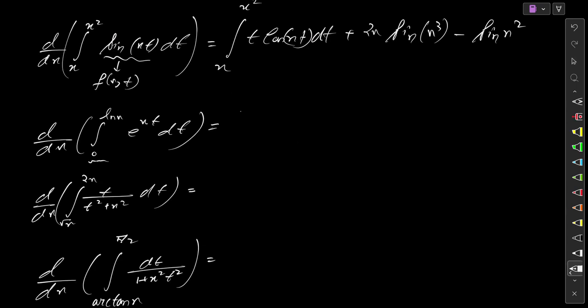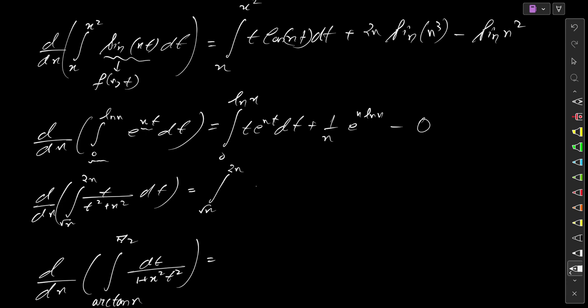Again, as this is of the form x comma t, there are two variables, so this would be the integral from 0 to ln x of t e to the power of xt with respect to dt, plus the derivative of ln x, that is e to the power of x ln x, minus 0. Again, I'll take the partial derivative: the integral from root x to 2x of t over t square plus x square.